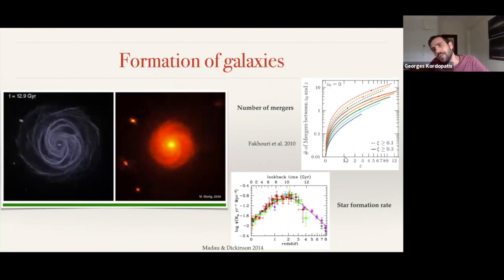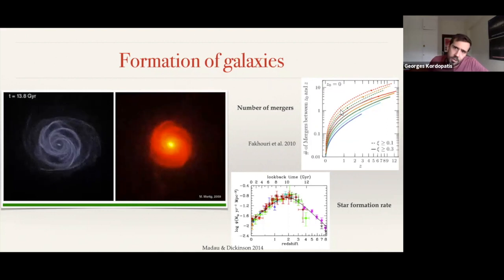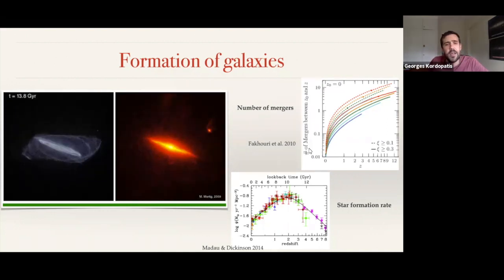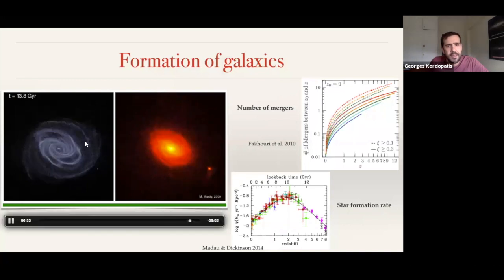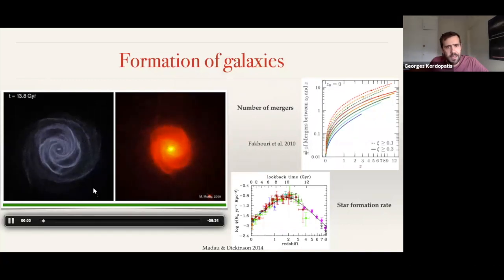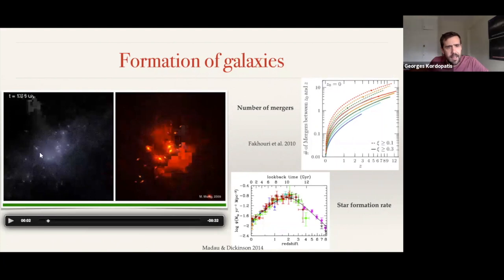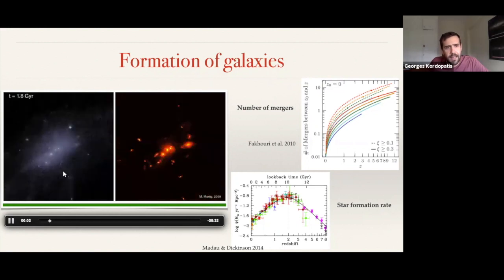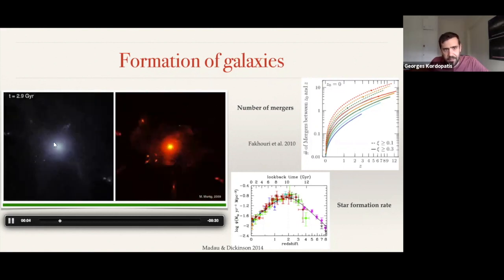And we can see that around a redshift of 1 or so, you have a sharp decrease of those accretions. And this can be also seen in the simulations from Marie Martig in 2009, where you can see that the majority of the accretions are happening within the first 4 to 5 giga years after the creation of this galaxy.